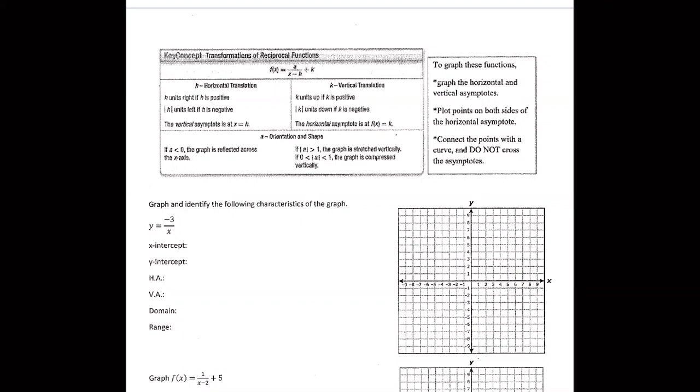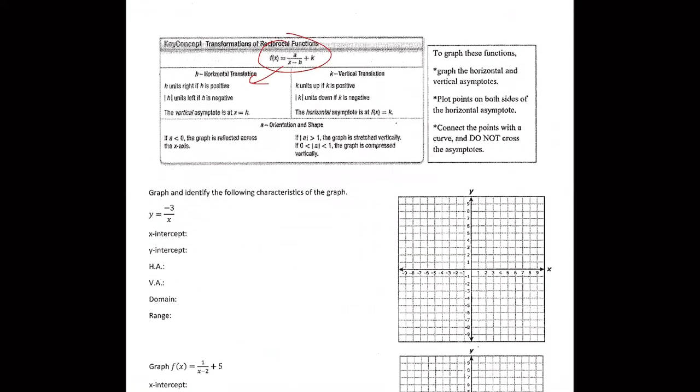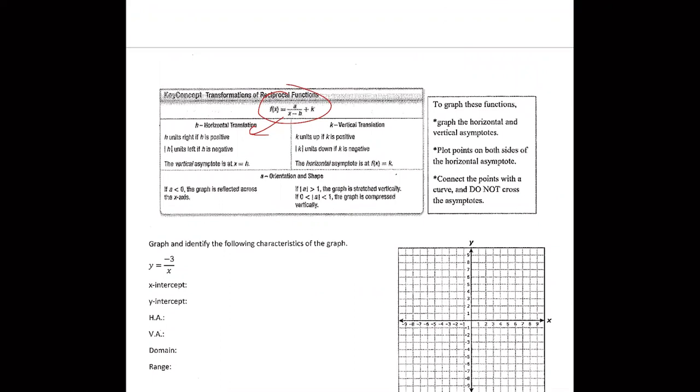You can see that depending on how you change this function, it can do different things. If you have a number added or subtracted in the bottom, it's going to move your graph left or right. For your K, if you have a number added on the outside, that's going to move your graph up or down from what we just sketched. The A value is going to determine if it reflects or if it shrinks.